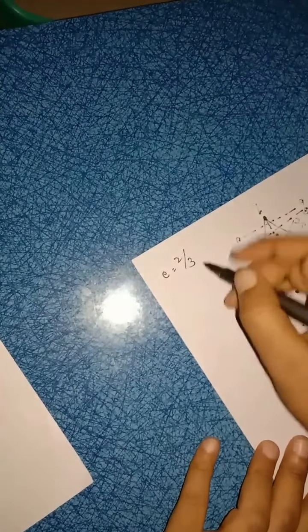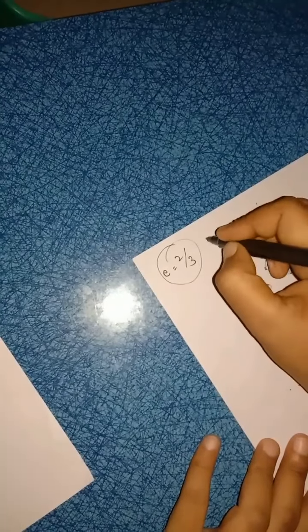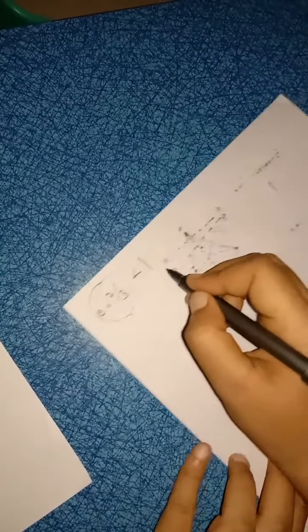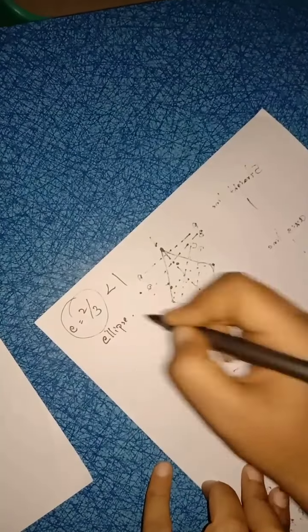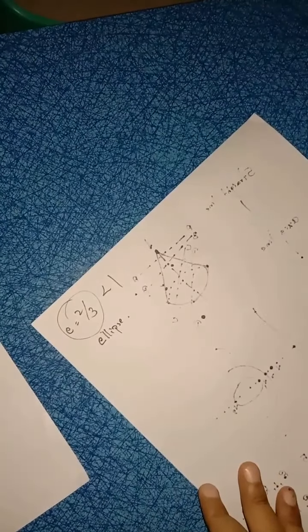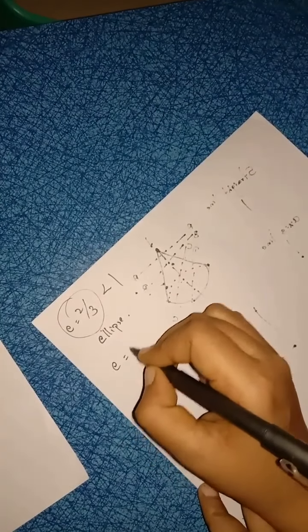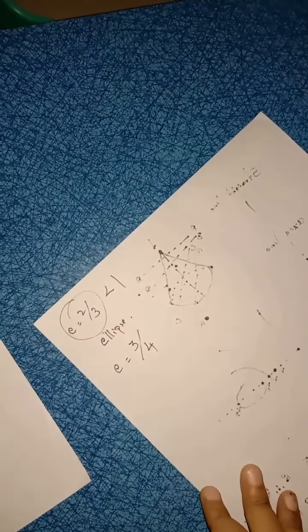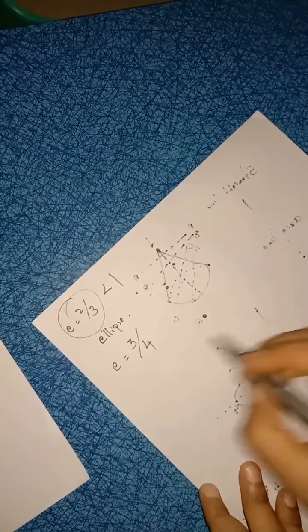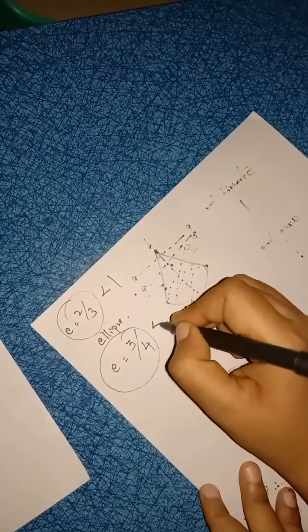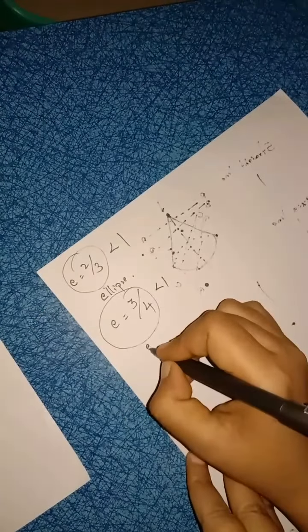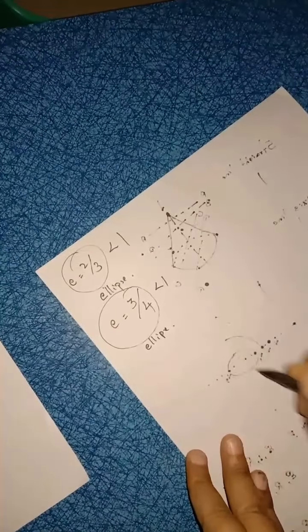Suppose E is equal to 2 by 3. 2 by 3 means it is less than 1. If E is less than 1, we are going to draw an ellipse. If E equal to 3 by 4, it is also less than 1, so you have to draw an ellipse.